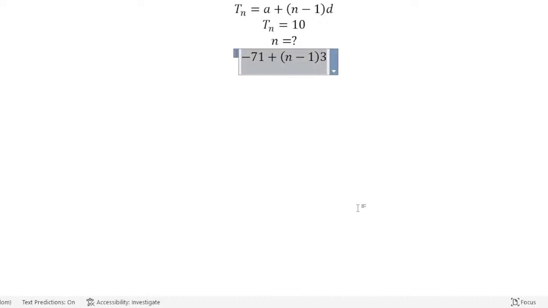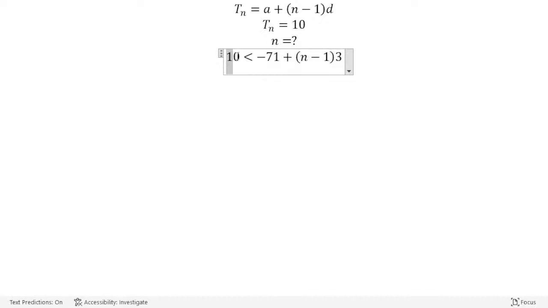So which term is greater than 10? Remember, Tn is 10. So in other words, we say 10 is less than Tn, because we want this n to be greater than 10. Remember, the n is on the right hand side. You see the n on the right hand side? So the n must be greater than 10.